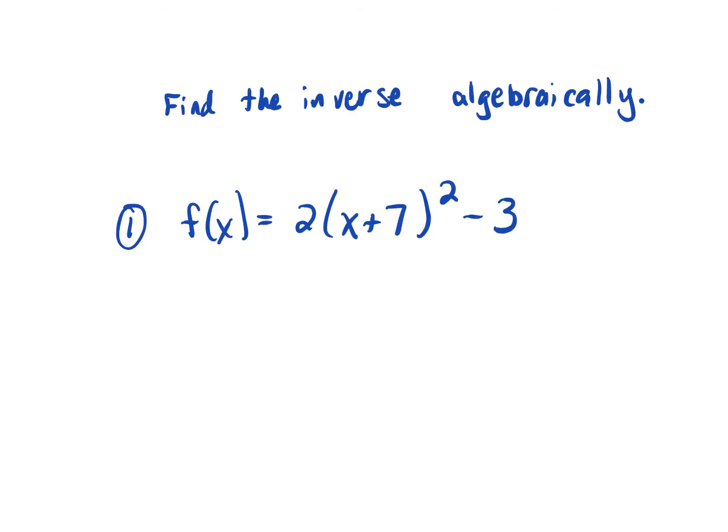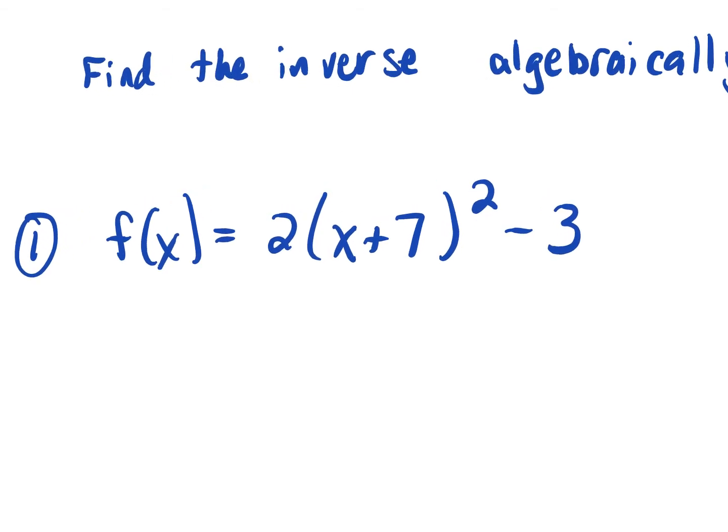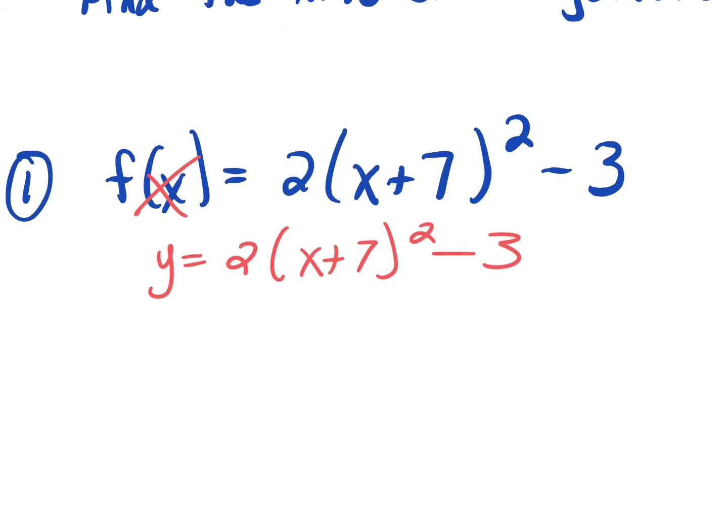All right, first thing I do is cross off f of x and change it to a y, okay, so y equals, there's a lot going on in this problem. That's okay. We have to remember a lot of our algebra skills, our computational things. After I cross off f of x and change it to y, what's the next thing we do?